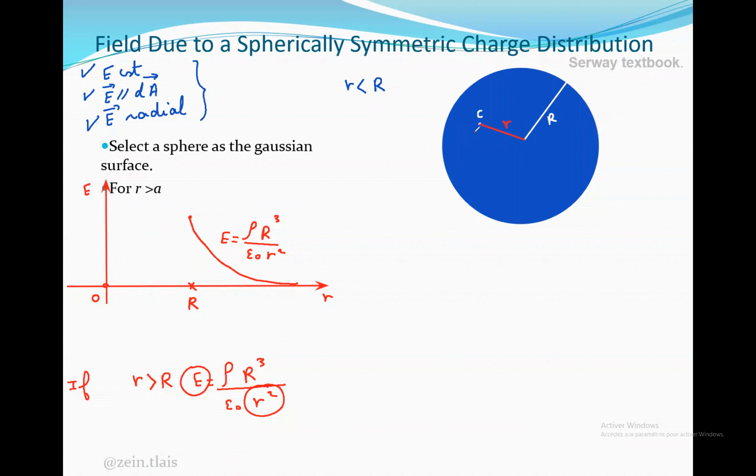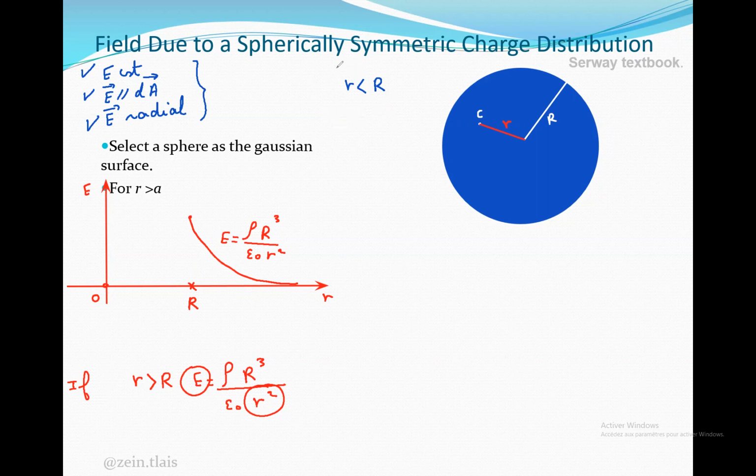In this case, we have the same spherical symmetry. We don't need to repeat the same thing because we said this before. We can just begin the calculation without repeating the conditions.